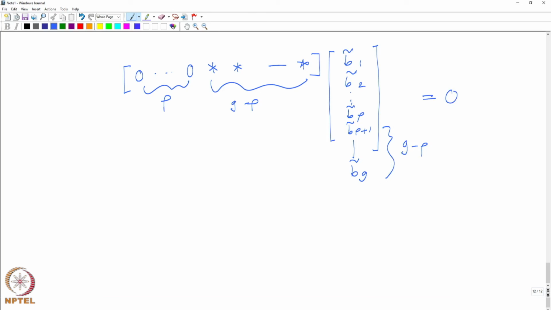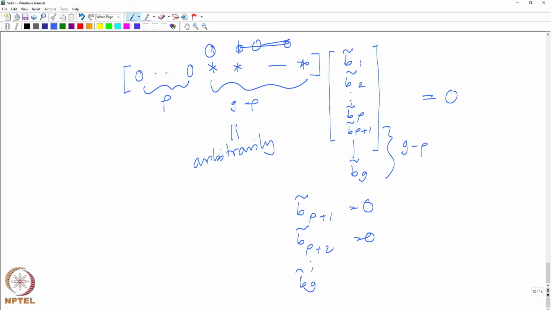So, I can choose these stars arbitrarily, and still I know that the right hand side will be 0. When is that possible? Choose 1 here and everything 0 here, that will give B tilde rho plus 1 is equal to 0. Likewise, choose 0 here and 1 here and 0 everywhere else, that will give B tilde rho plus 2 is equal to 0, and likewise you can show that all of these are 0.